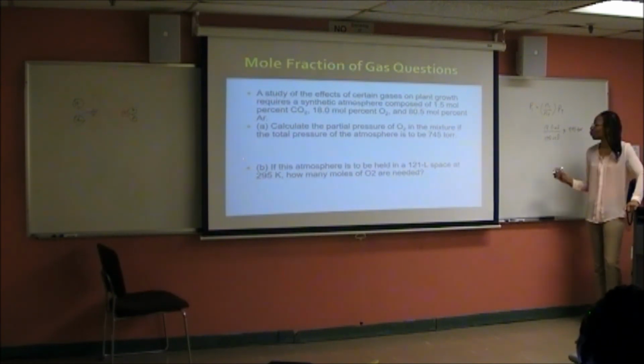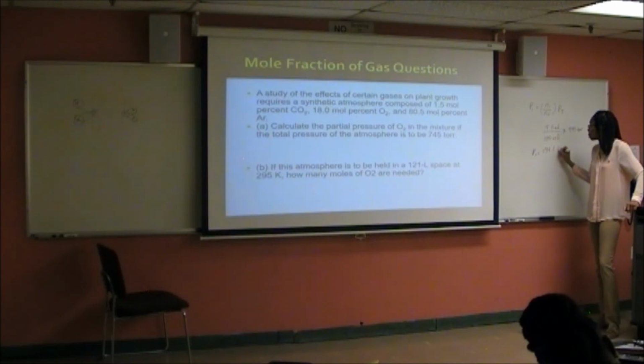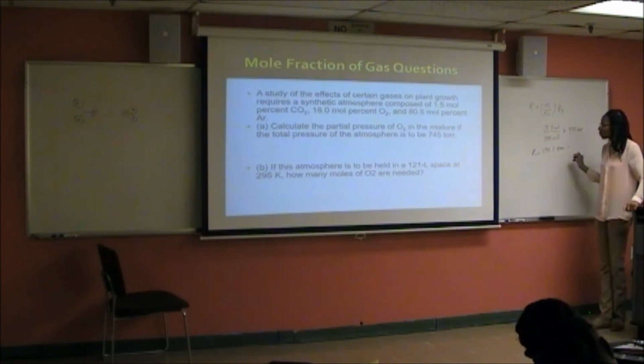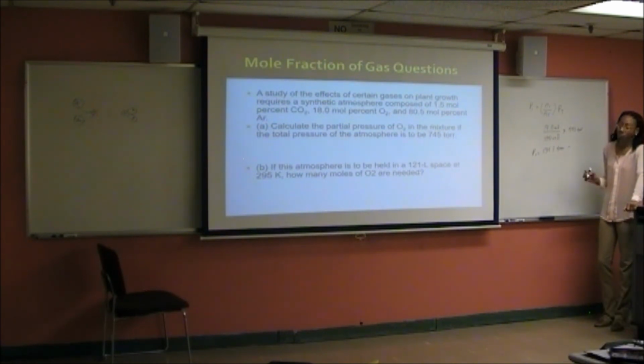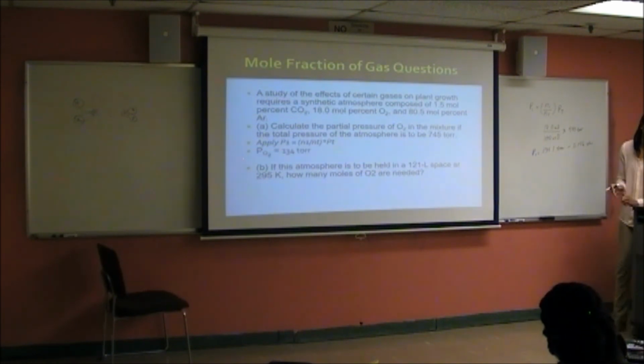So what is the partial pressure for oxygen gas? 134.1 torr, which is also equal to 0.176 atm.